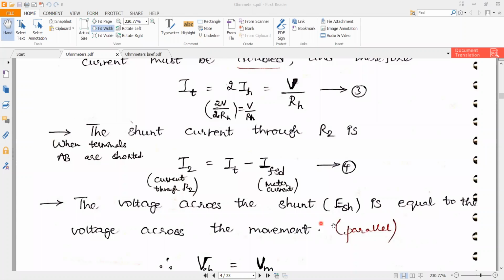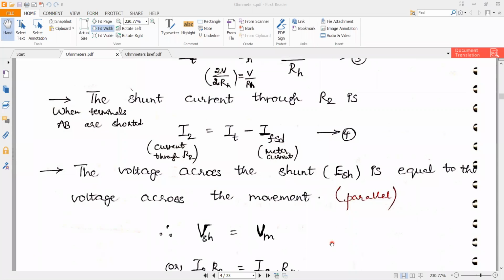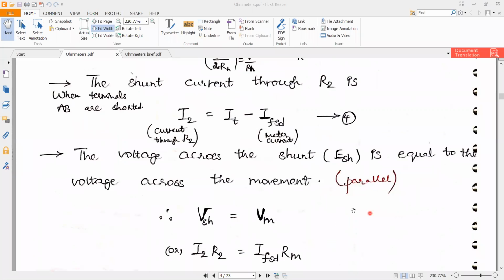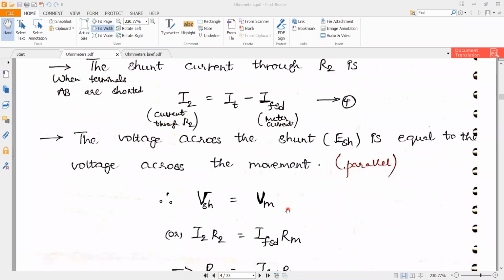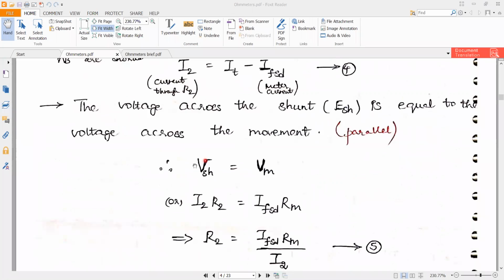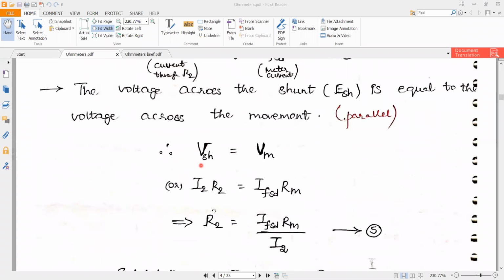The voltage across this shunt is equal to the voltage across the meter here. Those two are in parallel. Therefore, I am going to equate these two. Shunt voltage is equal to the meter voltage. That is given by I2 R2 is equal to IFSD into Rm here. That implies R2 is equal to IFSD Rm by I2. Let it be equation number 5.